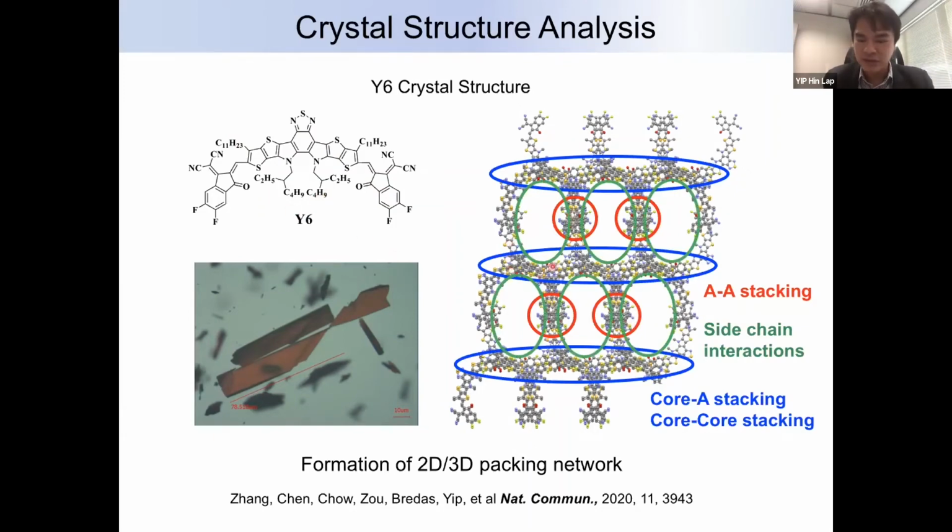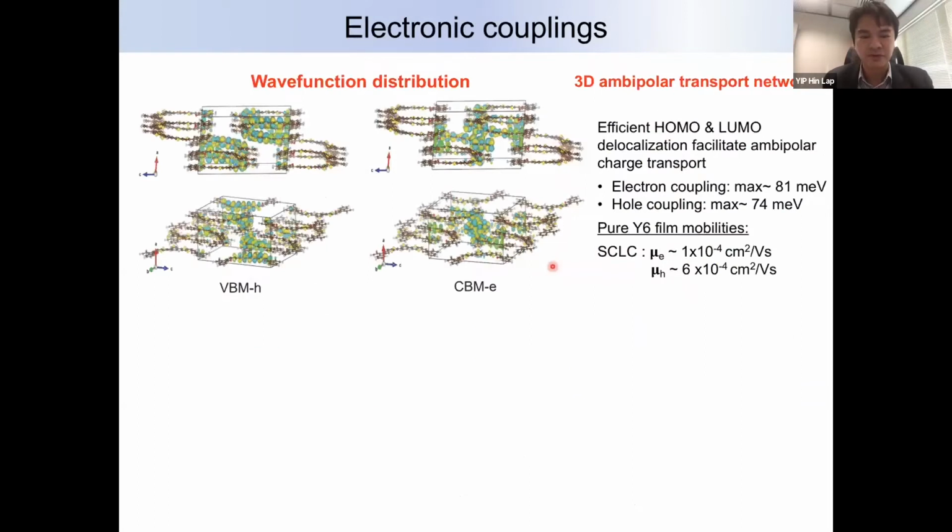So with this crystal structure, we will be able to further analyze the charge transporting properties by using this DFT calculation. And you can see from the left part, which is the delocalization of the holes, the HOMO delocalization, they are more in the lateral and also vertical direction.